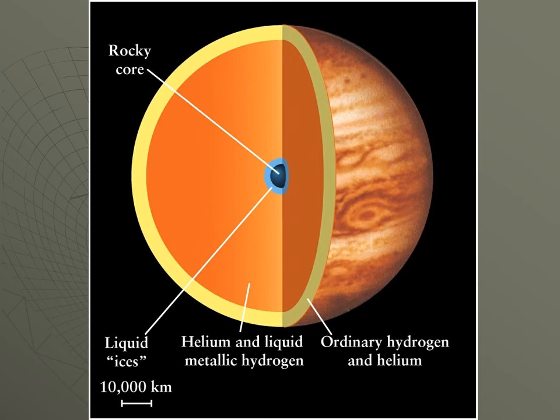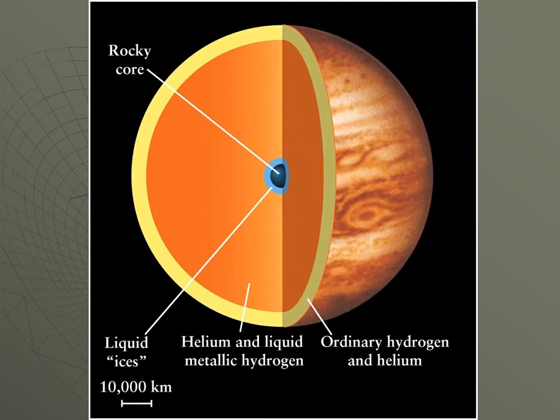So it's almost like a layer, like an outer core made of liquid ices. I don't want to say just liquid water, because yes, it's going to be liquid water primarily, but also liquid methane and liquid ammonia. All these things are normally ices in the outer solar system.